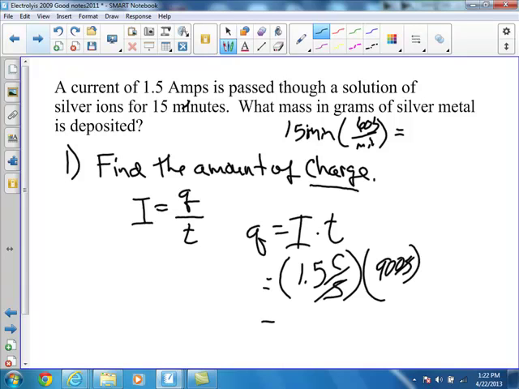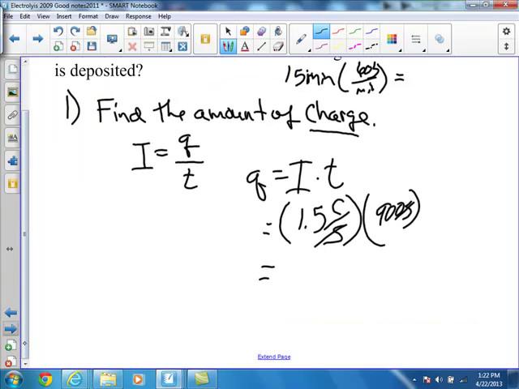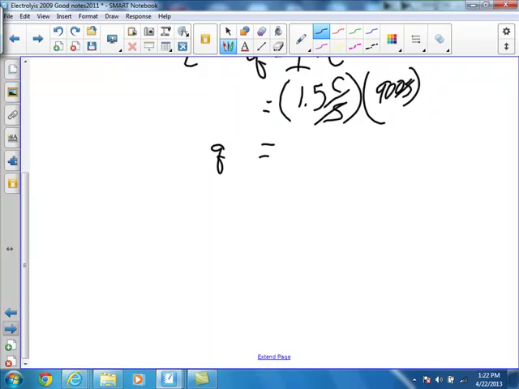That's how you get your seconds to cancel. So how much charge do we have? 1,350, and the unit is now coulombs.